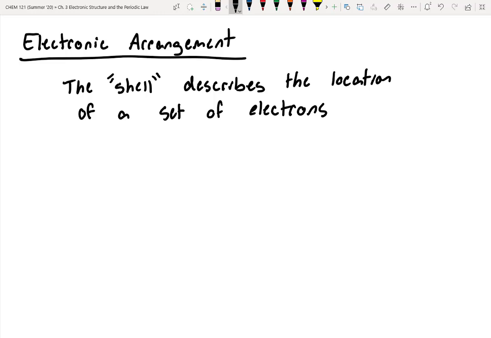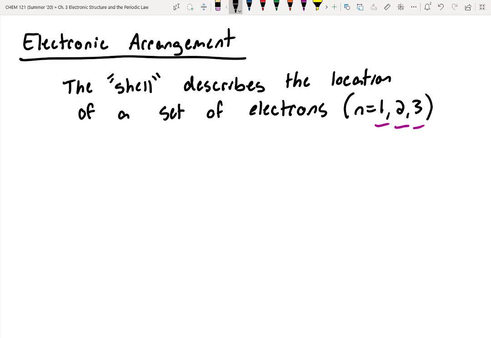And when we write this out, it's oftentimes written out with an n number. So you might see n equals 1, or n equals 2, or n equals 3. These numbers right here indicate the shell that we're talking about. So are we talking about shell 1, shell 2, shell 3? But each of those shells can contain a unique set of electrons. And each of these shells has different energy too.